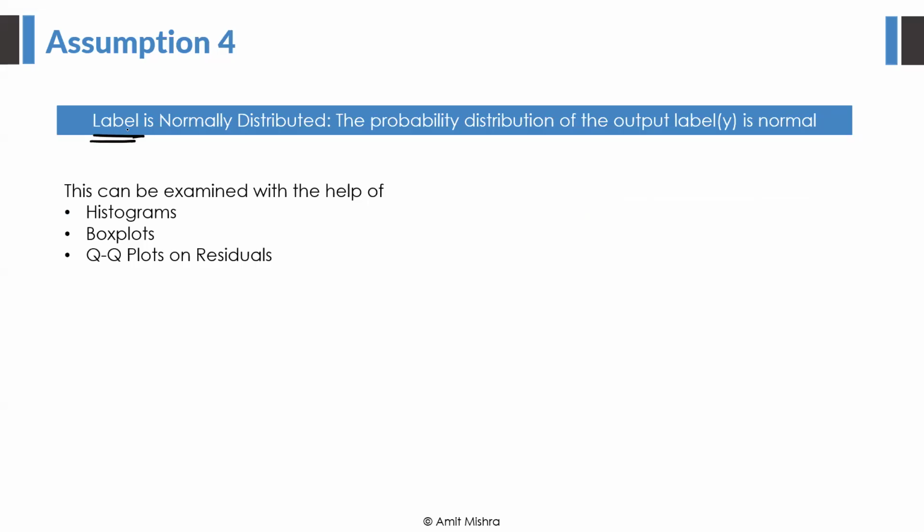Next, the label. Now this is very important again. The target should also show a sign of normality. That means the label should also be normally distributed. Again, the same examination you have to do: quantile plot, the QQ plot and residual.